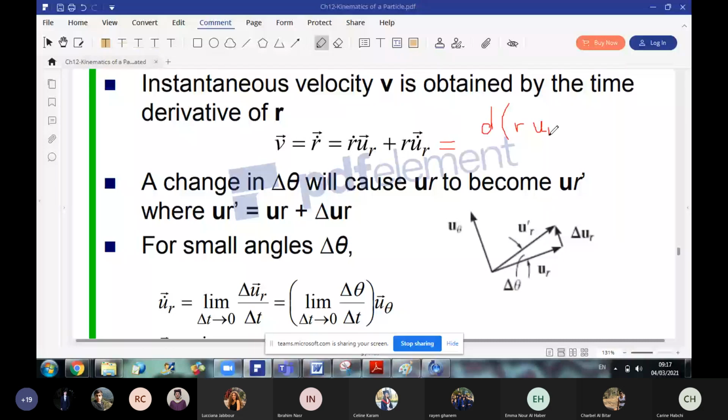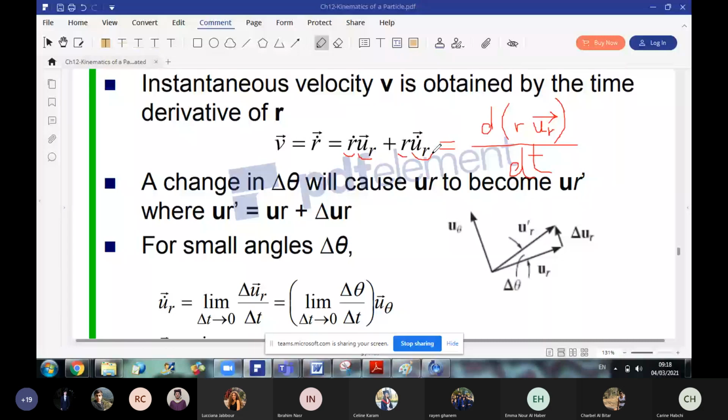As we did before when we derived velocity in tangential and normal components, we did U prime V plus V prime U. Here also we should do this, because UR is not a constant vector, it is changing in direction. So its derivative is not 0. So in a similar approach, when we derive r UR by dt, it's like doing U prime V plus U V prime. U prime is the derivative of r, it's r dot, times UR, plus r times dUR by dt.